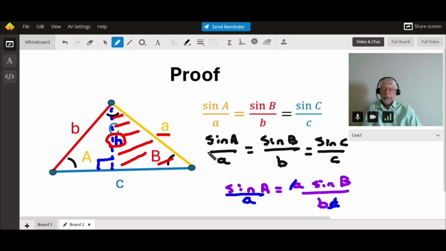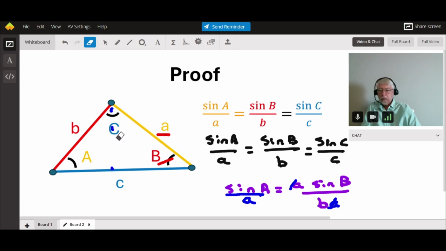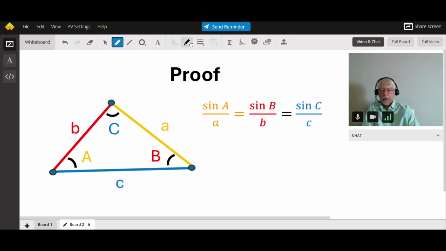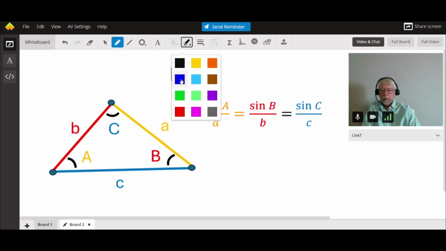Now, how would I use that? We have the proof. Let's use something fairly quick, okay? Let's say that we know that this is 30 degrees.